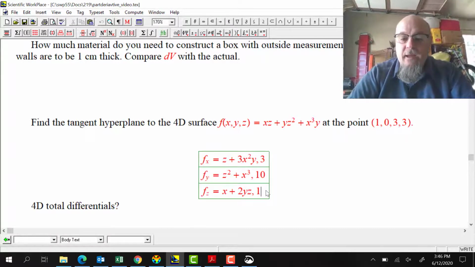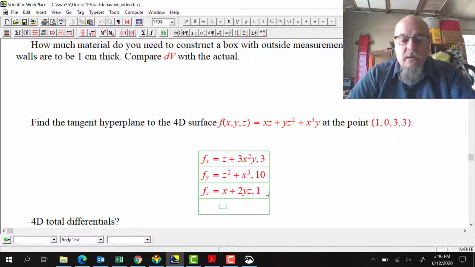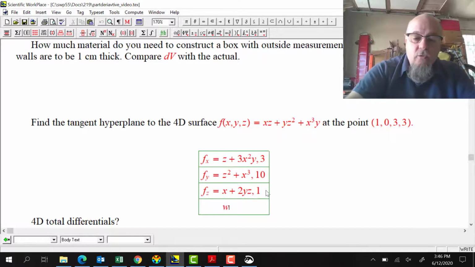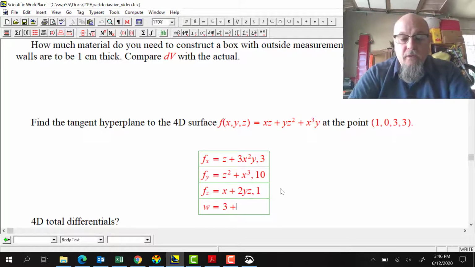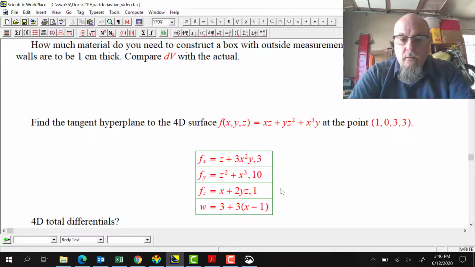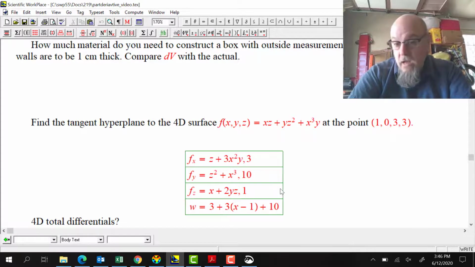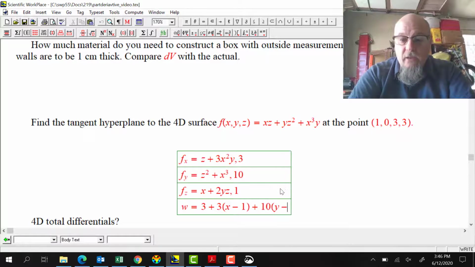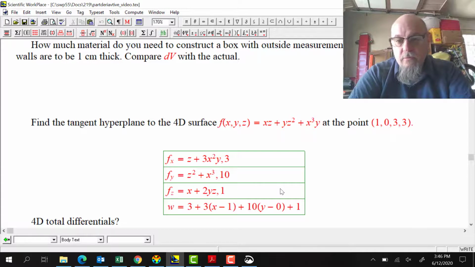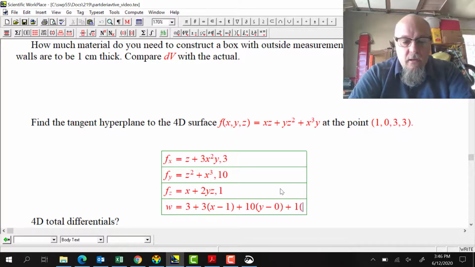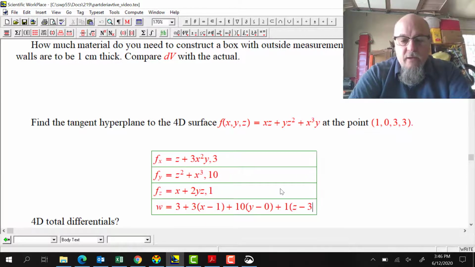So there's all my numbers. Now it's going to be w equals w naught plus number times x minus the x value plus slope as a number times y minus the y value plus number, the slope in the z direction, times z minus the z value.